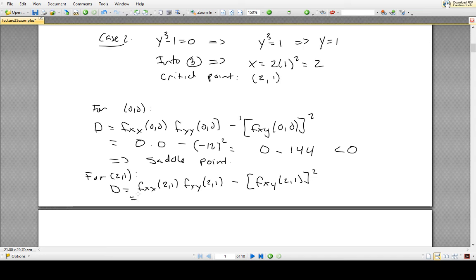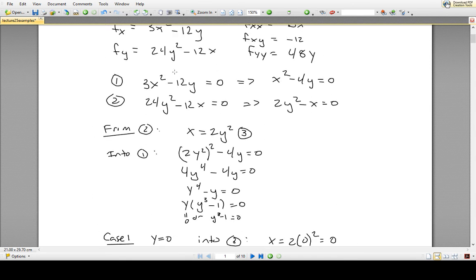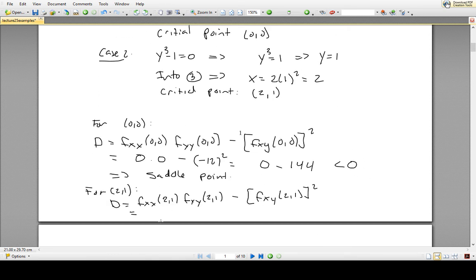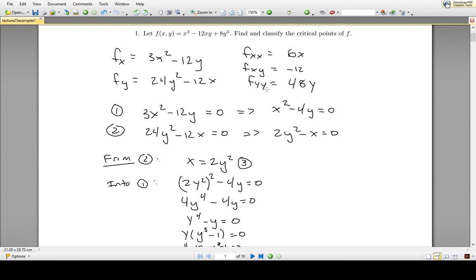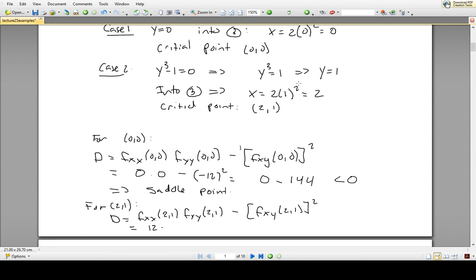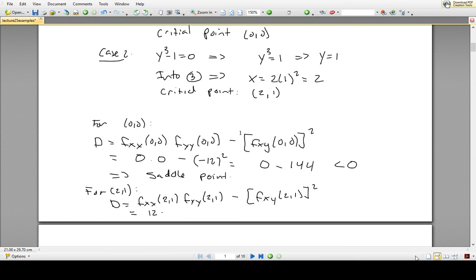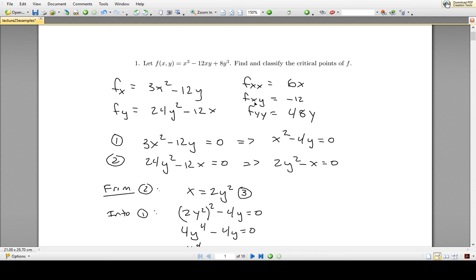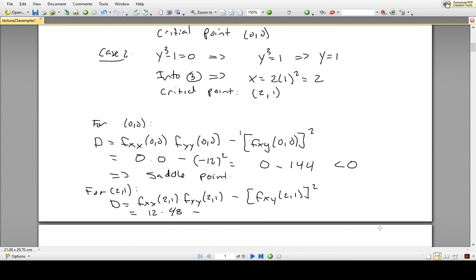Since x is equal to 2, fxx is 12. When y is equal to 1, fyy is 48. So 12 times 48, minus fxy at 2, 1. Fxy is always negative 12, no matter what the point is, so this becomes minus negative 12 squared.